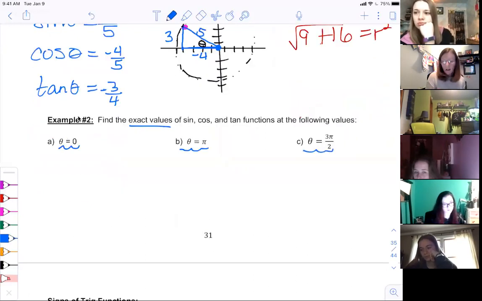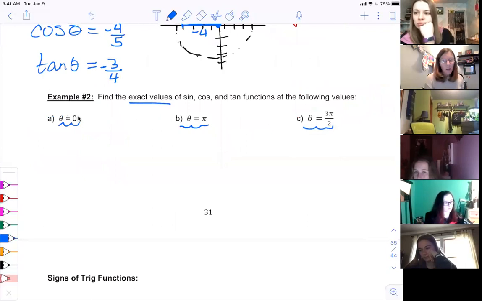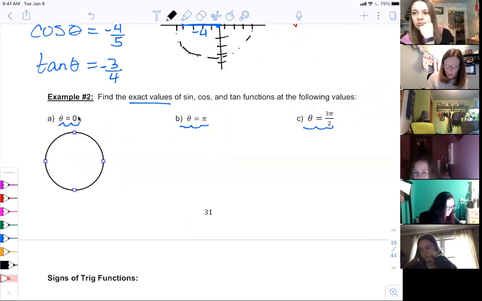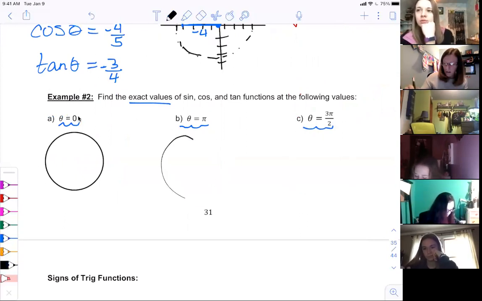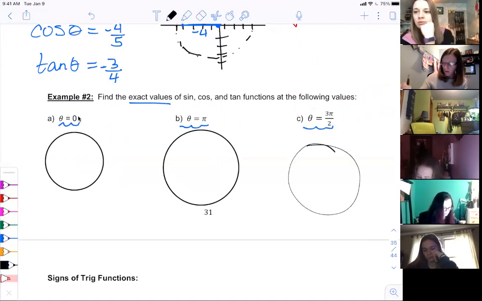These here are saying find the exact values, but they're giving us the angle. And anytime you have an angle given, you can always go back to that wonderful circle. There we go.